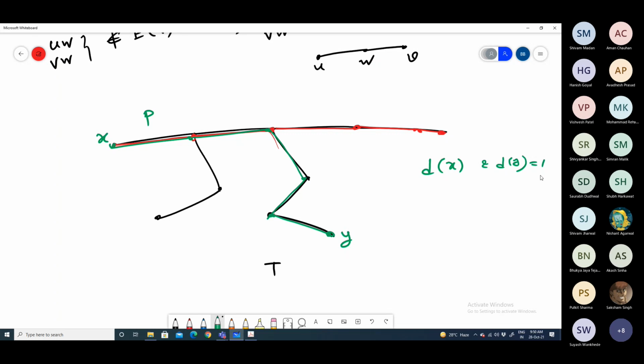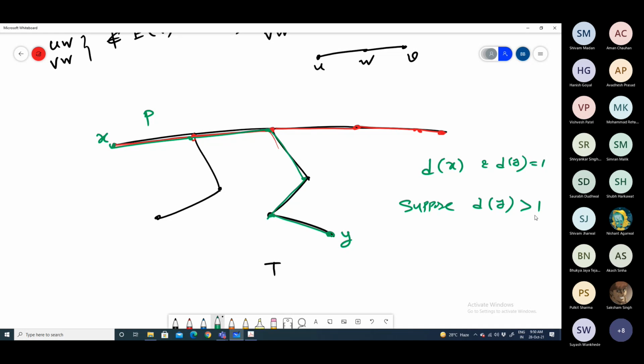By contradiction, suppose this is not true. Suppose degree of Y is bigger than 1. Then we will get a contradiction. How will we get a contradiction?